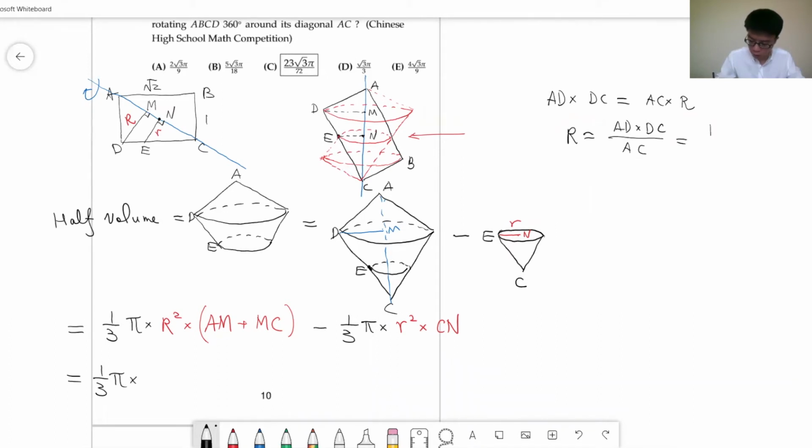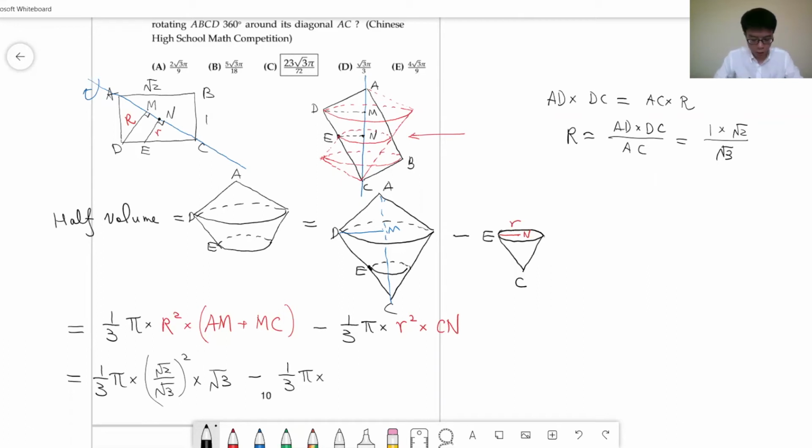AD is 1, DC is √2, and AC by the Pythagorean theorem is √3. So R is √2 over √3. And AM plus MC is the diagonal, which is √3. And then times 1 over 3 pi times little r.